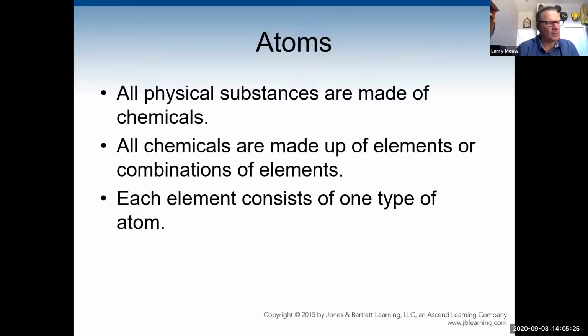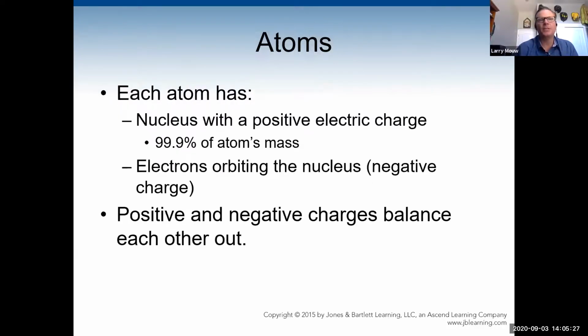As we look at atoms and elements, each atom has a nucleus, which has a positive electric charge. And this nucleus makes up 99.9% of the atom's atomic mass. So almost all of its substance is made up of this nucleus. Now, surrounding that nucleus, there are electrons that orbit around it, and these electrons have a negative charge.